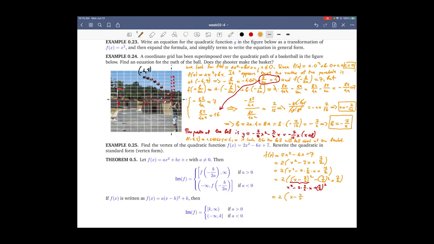So we have x minus 3 halves squared plus 7 halves minus 9 quarters, which will be 14 quarters minus 9 quarters. That is 5 quarters.